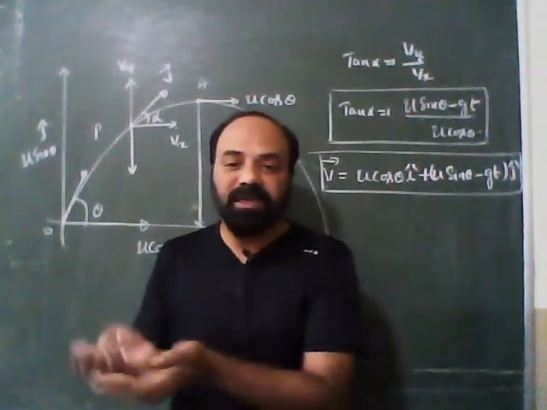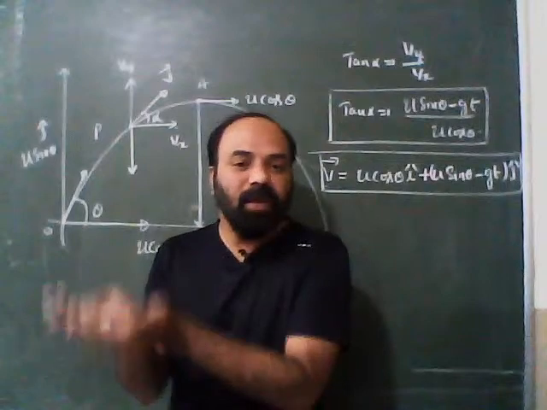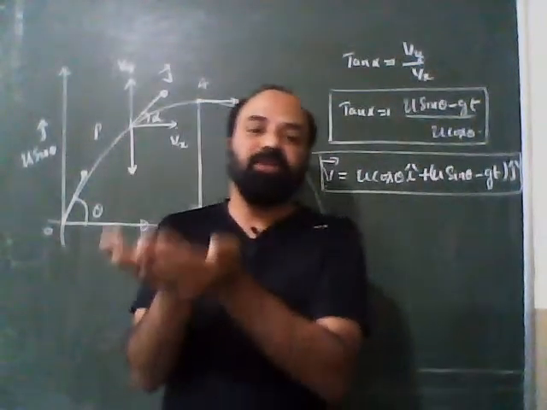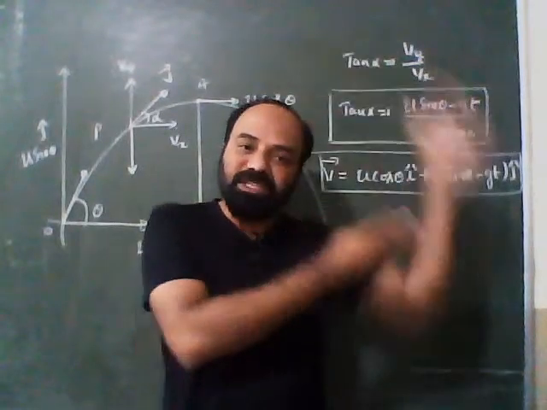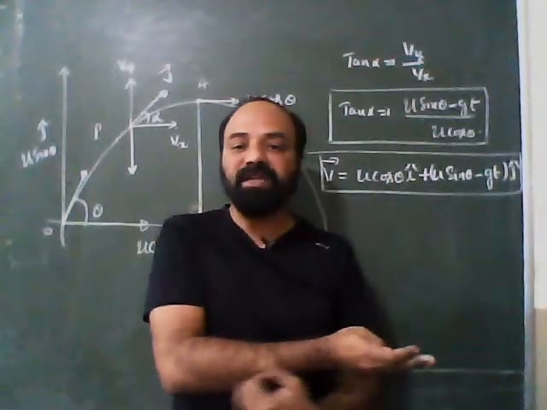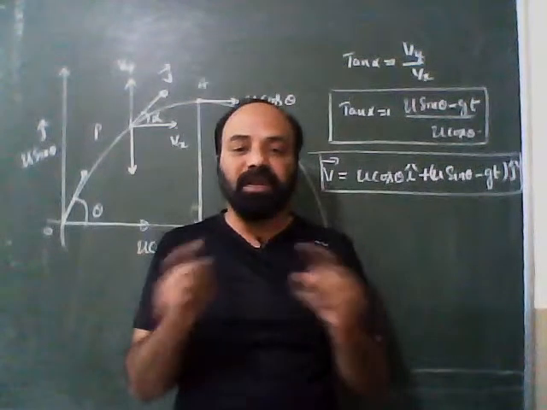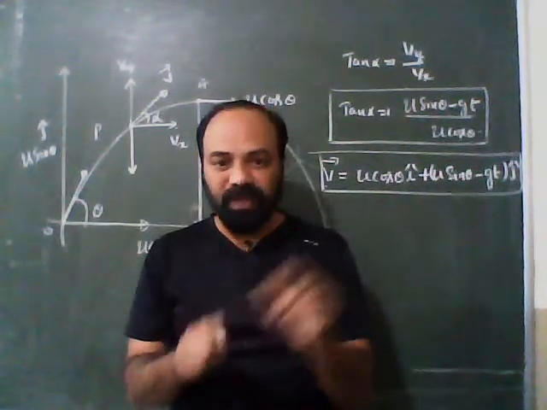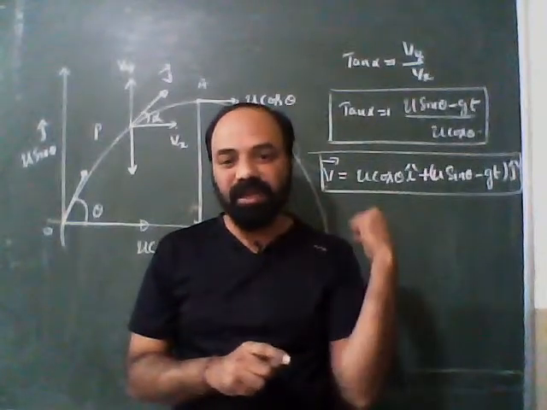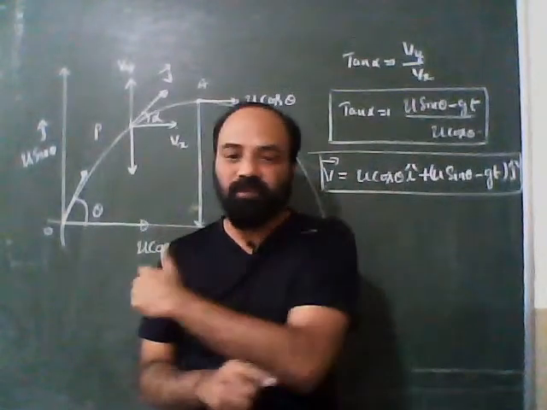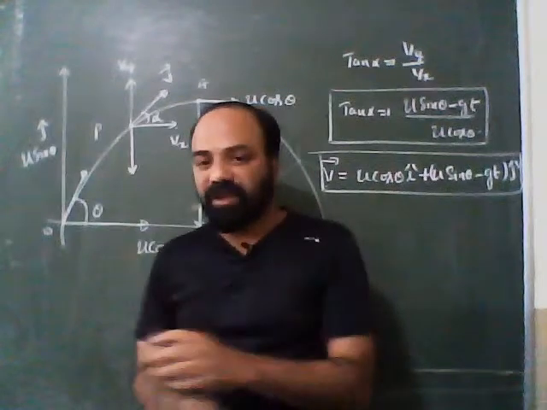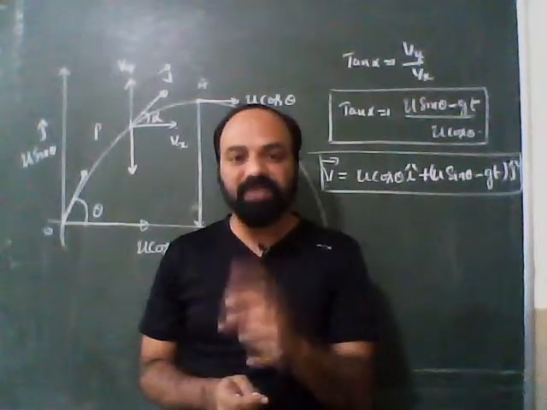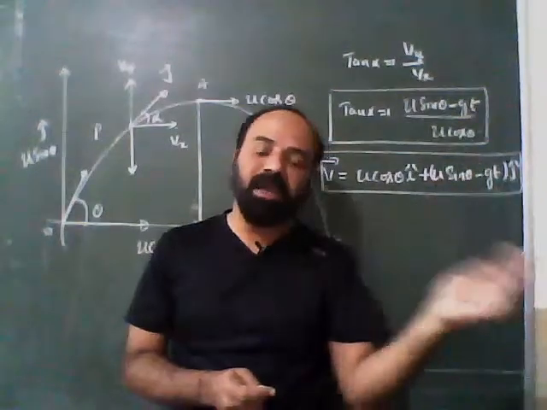Initially it has kinetic energy; while ascending, kinetic energy is converted into potential energy, and while descending, potential energy is converted into kinetic energy, but the total energy of the system always remains constant. Understood? If you take one particular mass in projectile motion, the total energy remains constant; potential energy becomes kinetic energy again.